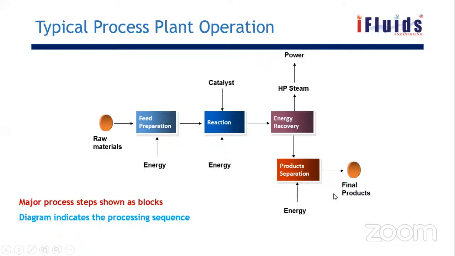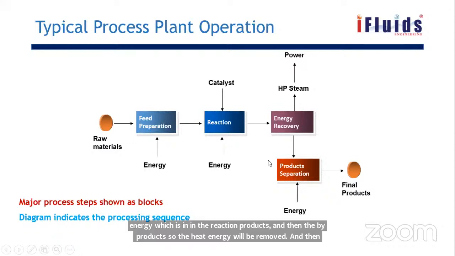The final product will be at ambient temperature or the temperature required for the downstream unit. So we recover the excess heat energy in the reaction products and byproducts, through the production of steam, and the steam will be utilized for power generation or other utilities such as running turbines.